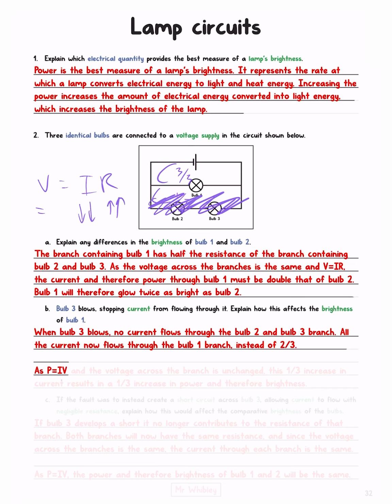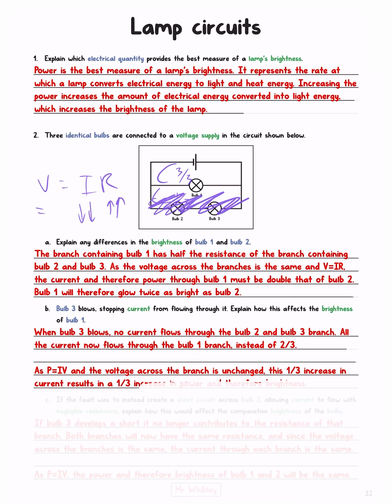As P is equal to IV and the voltage across the branch is unchanged, this 1/3 increase in current results in a 1/3 increase in power and therefore brightness. In other words, this equation tells us that power and current are proportional, so a 1/3 increase in current results in a 1/3 increase in power.